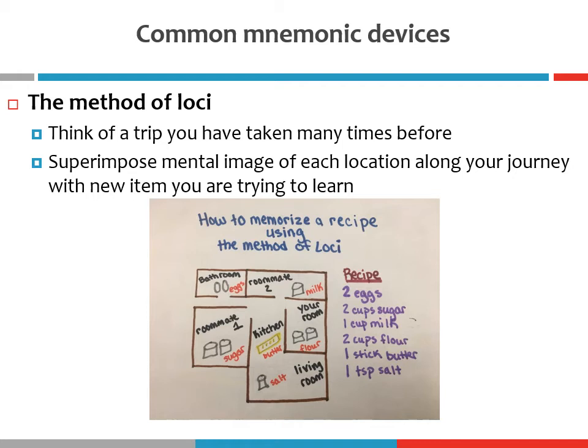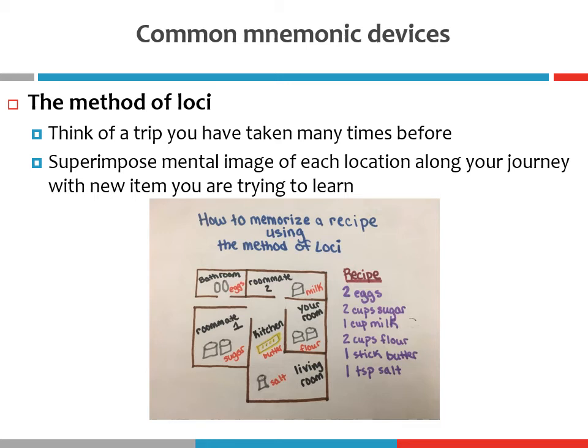And then next you come to your first roommate's bedroom, right? And so your second item is 2 cups of sugar, right? So maybe your roommate likes to swim, and you imagine him going for a swim in 2 very large cups of sugar.